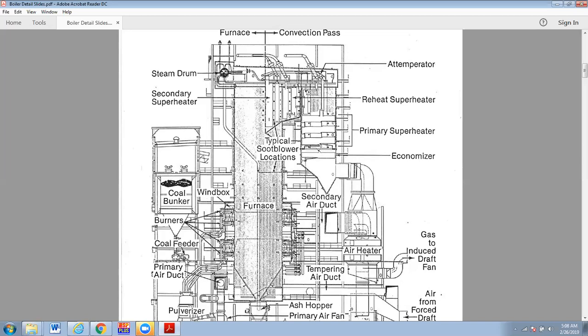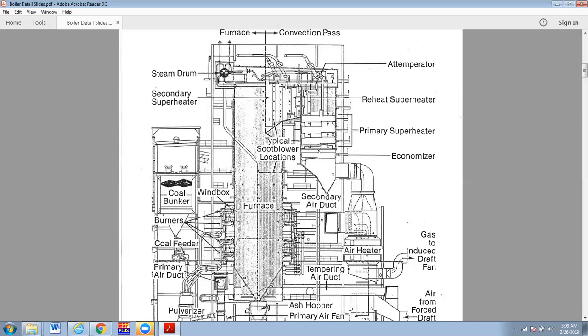Okay, so as the gases exit the furnace, these are our hottest gases. A lot of boilers have what they call an FEGT, a furnace exit gas temperature, because that's a good indication to the operators of how the combustion is going at different loads. It's trying to measure that temperature exiting the furnace into the secondary superheater.